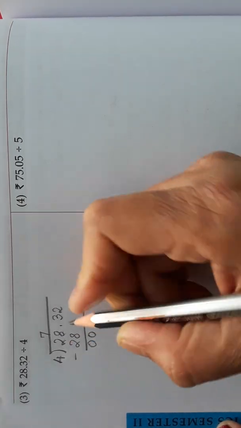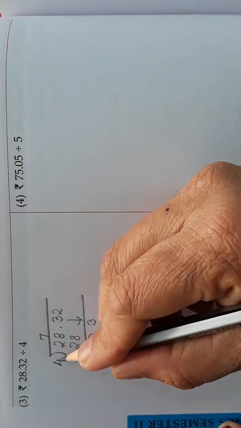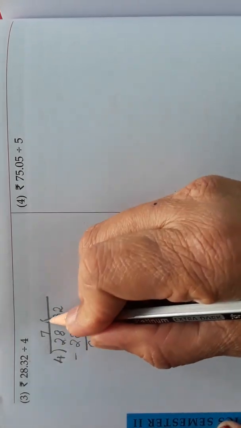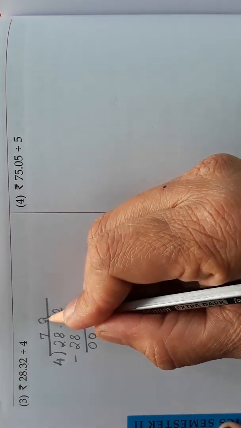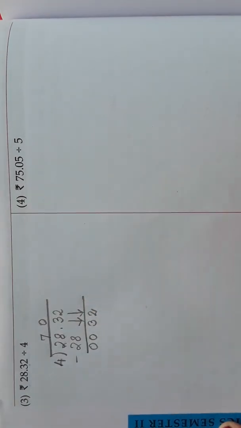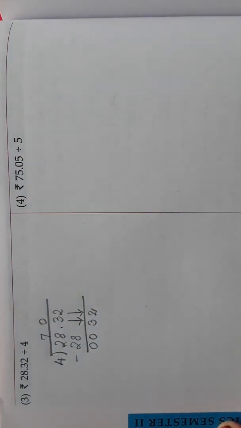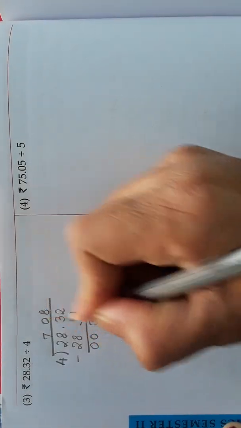2 minus 2, 0. Now, take the next number 3. Since 3 is a smaller number than 4, now you put 0 here because you are not dividing 3. So put 0 in the quotient place and take the next number also, 32. Okay, 32. And in the 4th table, where is 32 coming? 8 fours are 32.